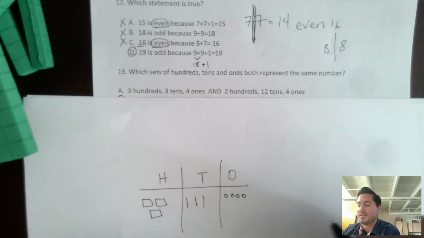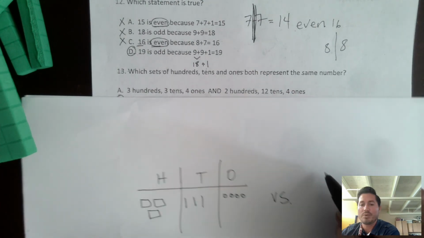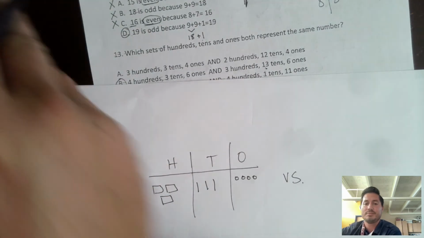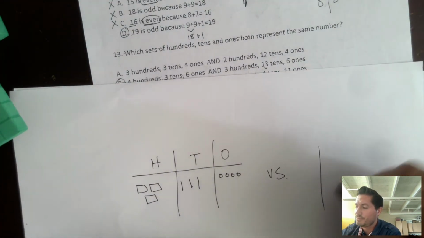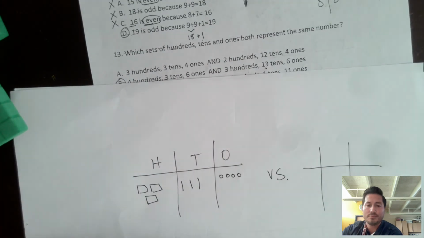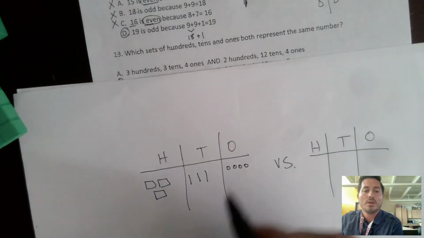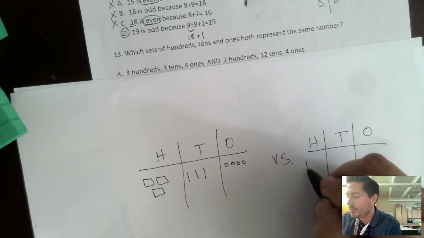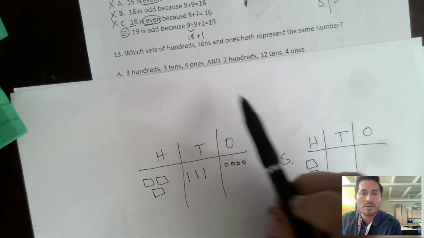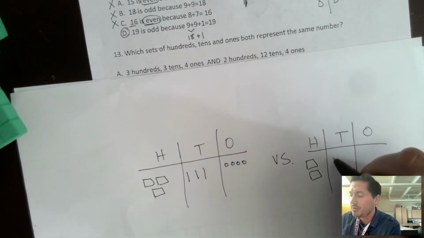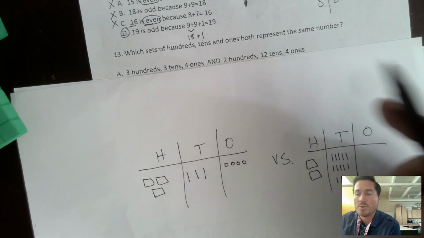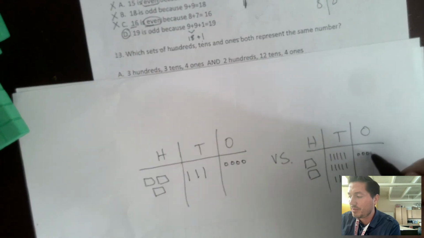The next part says, we're comparing it to this one. And the second one says 200s, so we would draw 200s and 12 tens. 1, 2, 3, 4, 5, 6, 7, 8, 9, 10, 11, 12 tens, and 4 ones. 1, 2, 3, 4.